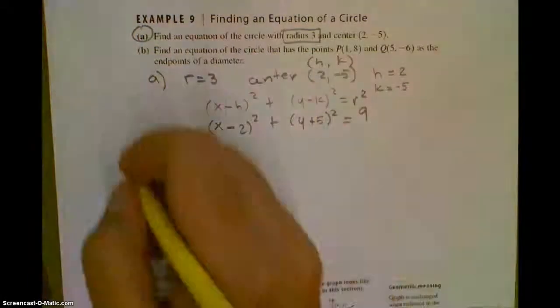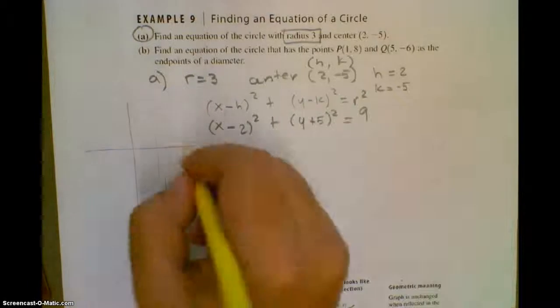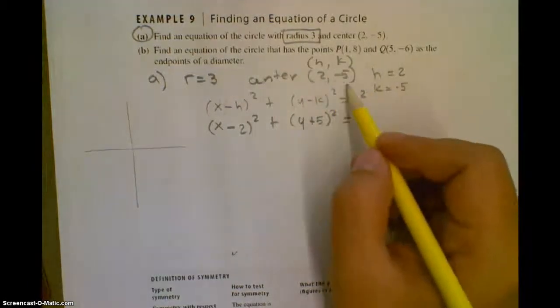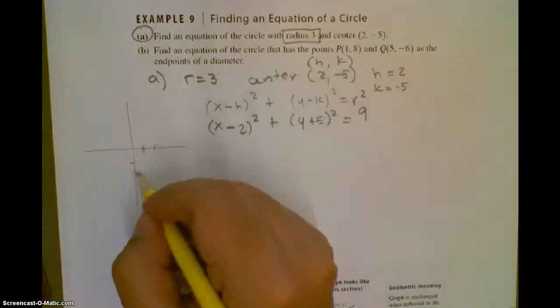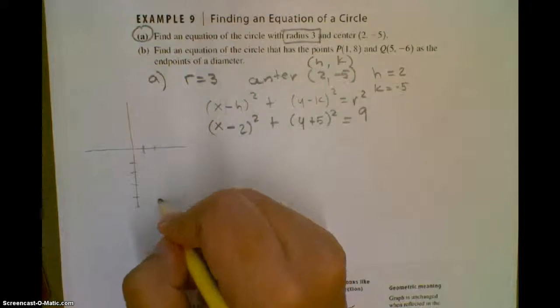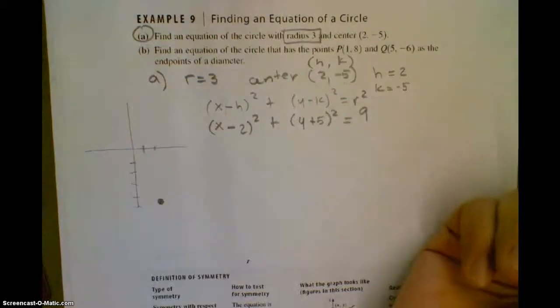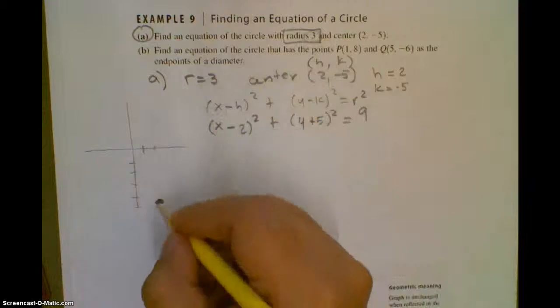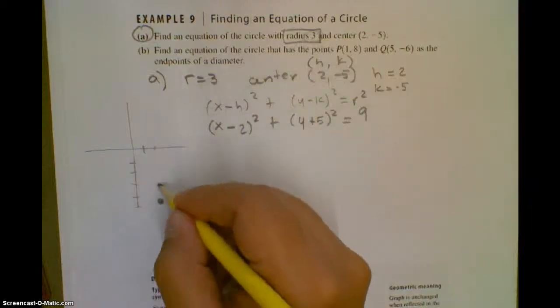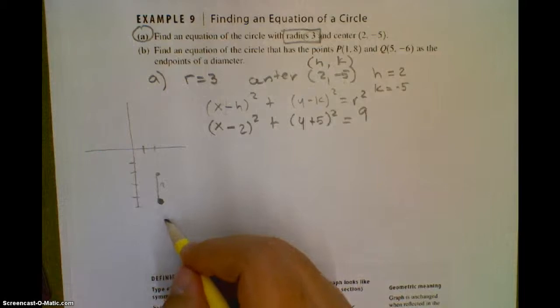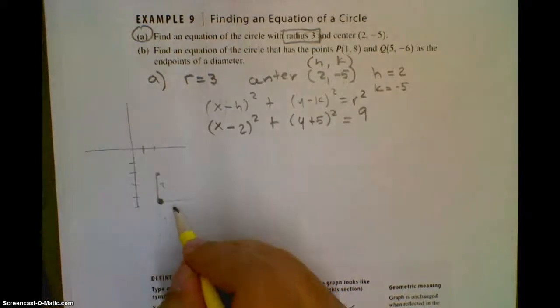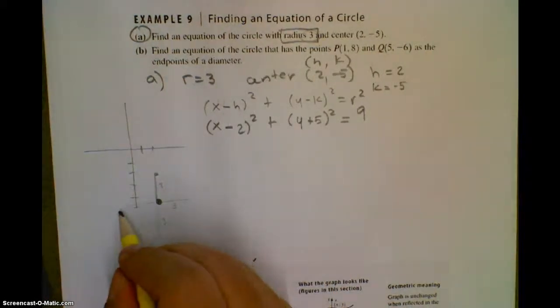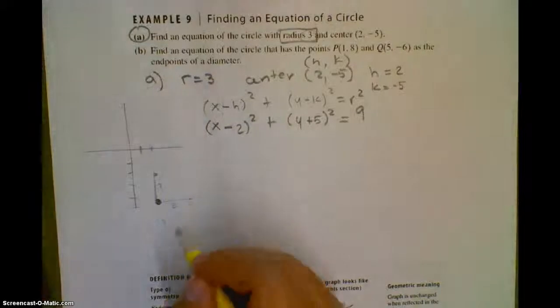So what does this mean? What this means is the center of the circle is at 2, negative 5. And then all the points that are 3 units away are going to be graphed. So from here you go up 3 units, from here you go down 3 units, and the other way 3 units.